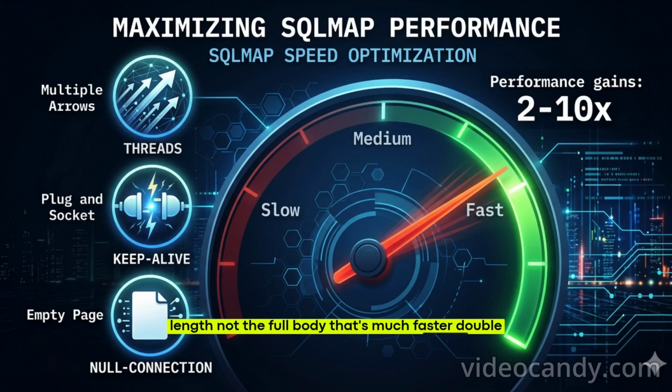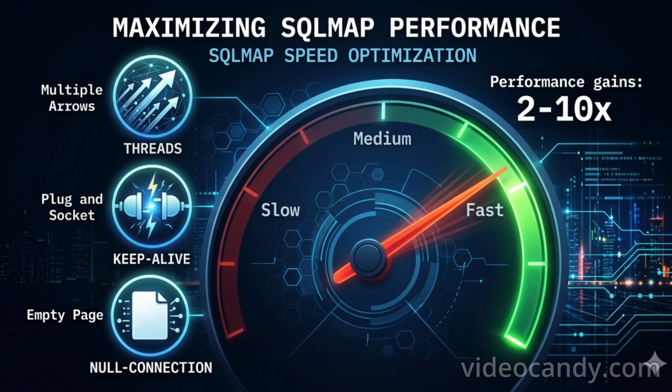That's much faster. "--keep-alive" reuses the TCP connection on a fast LAN. These options can speed up enumeration by 10x. Always test with a single thread first, then increase if the server stays responsive.